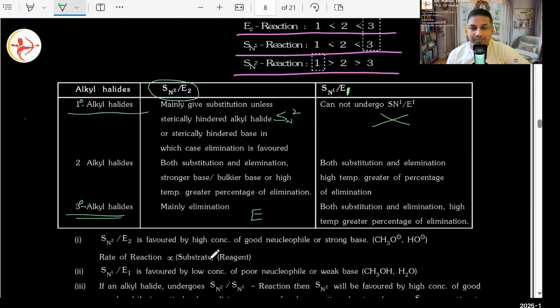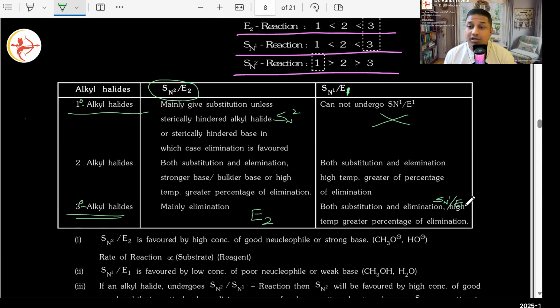Here E2 will happen. Are we clear? But in this case, for SN1 or E1, both chances are there, because 3 degree alkyl halides have the highest reactivity in case of SN1 as well as E1. But yes, for what?